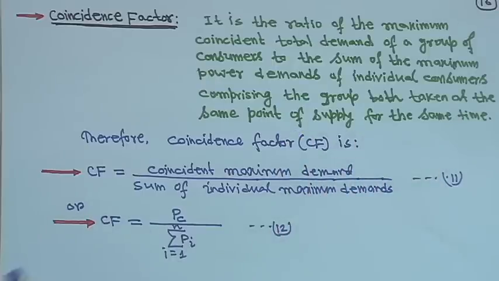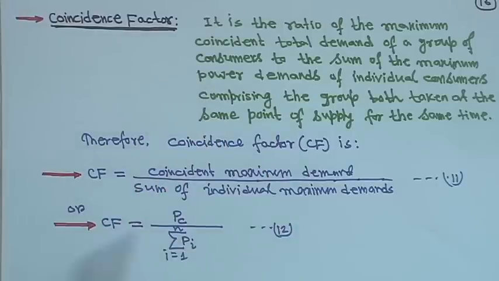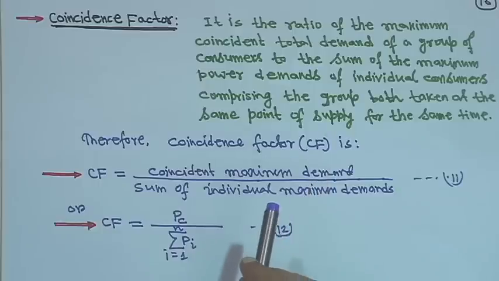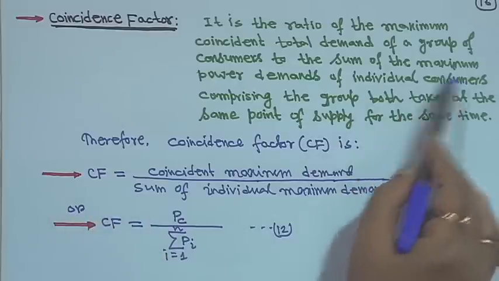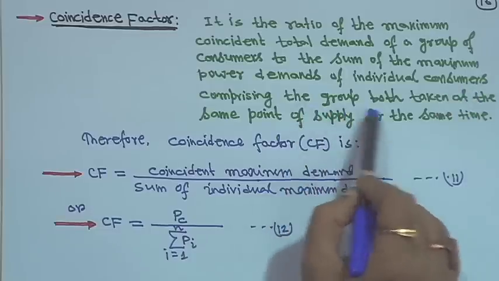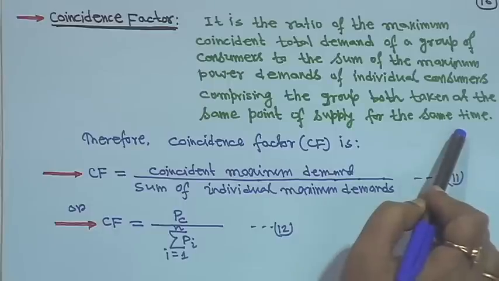Later I will take a few examples, after that you will see these things are quite easy, right. A group of consumers means different types of consumers, maybe commercial, industrial, agricultural, like this.